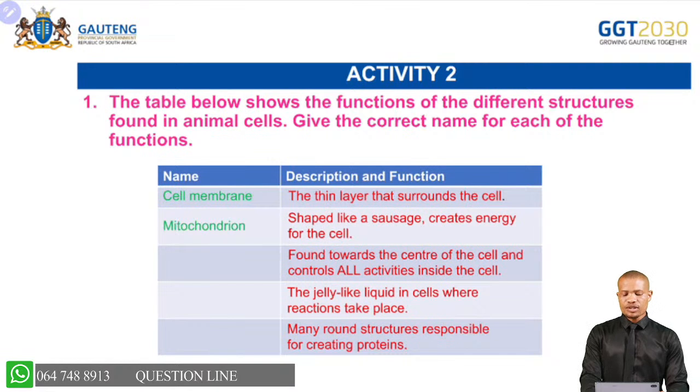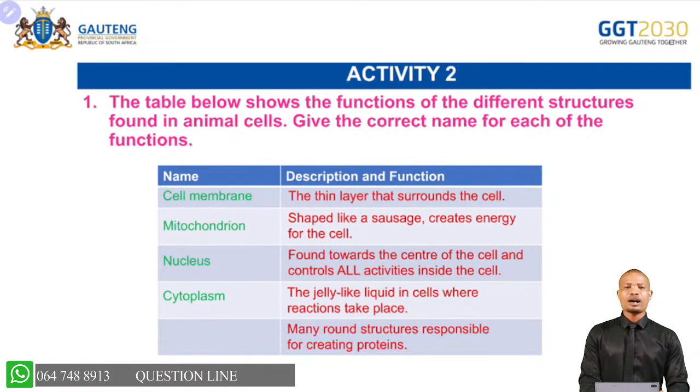What is found towards the center of the cell and controls all activities of the cell? This one should be easy for everyone. That is your nucleus. The jelly-like liquid in cells where reactions take place. This would be your what? Cytoplasm. Yes, that's correct. Many round structures responsible for creating proteins.